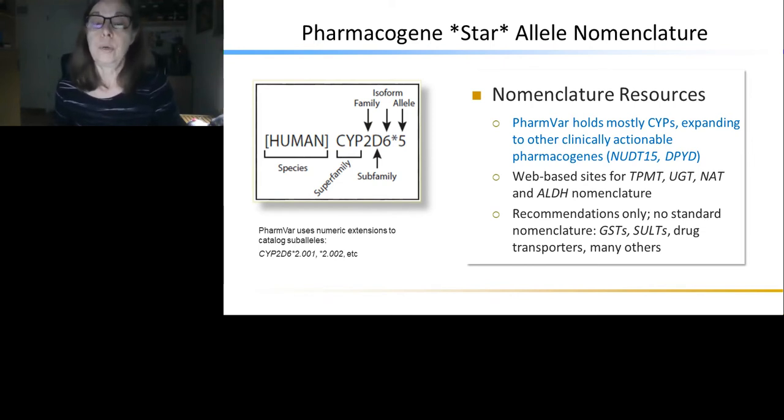Now, there are also other web-based sites for other genes, namely TPMT, UGTs, NATs, and ALDH nomenclature. But yet for others, there are only recommendations. There is no standard nomenclature, no centralized site that keeps track of everything. And so the star nomenclature for these might be very loosely applied and used in the literature, which can be really difficult to follow up and keep track of.